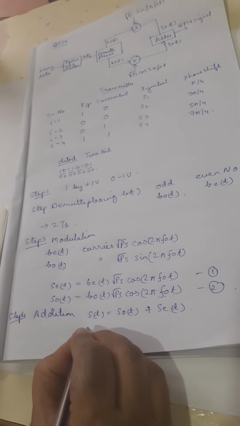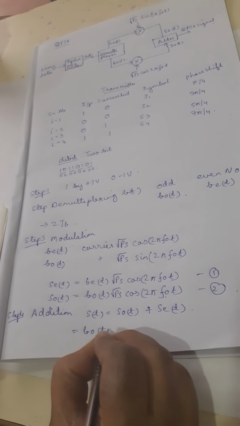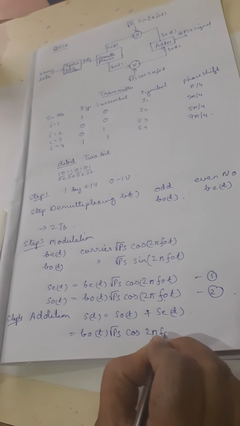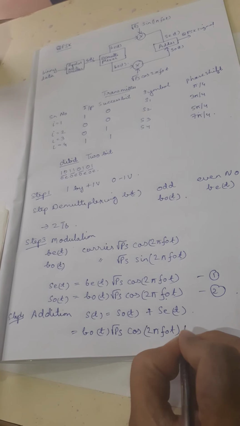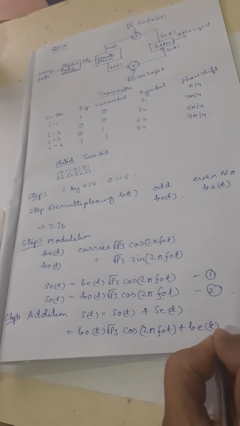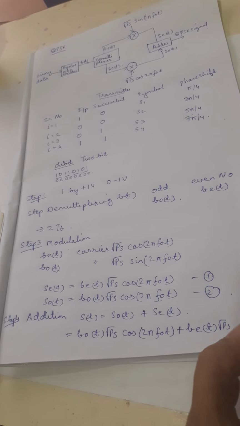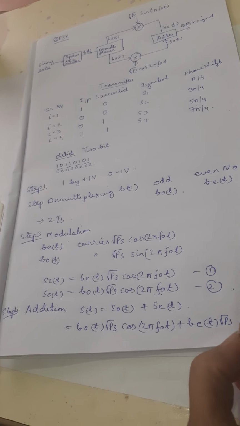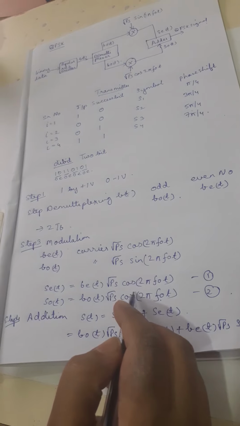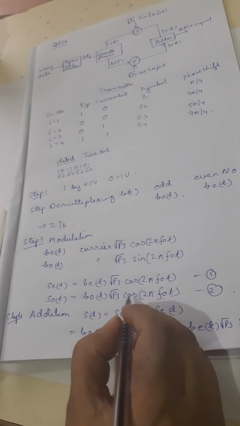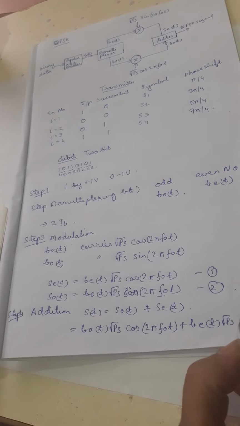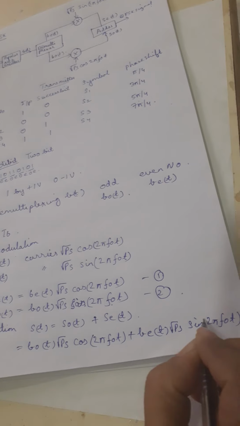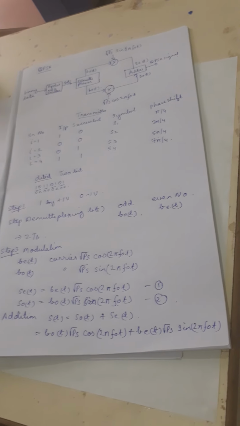So this will be written as BO of t root PS cosine of 2 pi f naught t plus BE of t root PS sine of, wait, here I have made a mistake. So this will be sine of 2 pi f naught t. So this is the other equation.